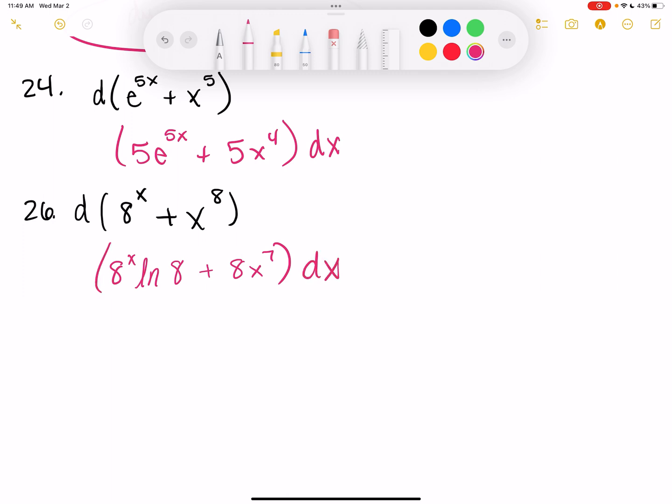Okay, so problem-wise, what I would recommend you look at up to this point: 1, 5, 9, 11, 15, 17, 21, 23, and then I'll add a couple more to that tomorrow.